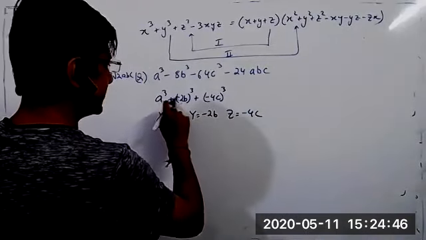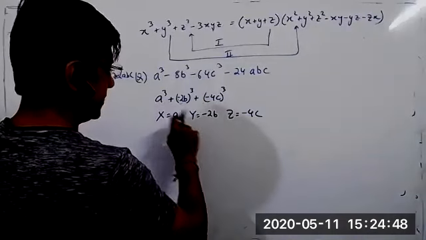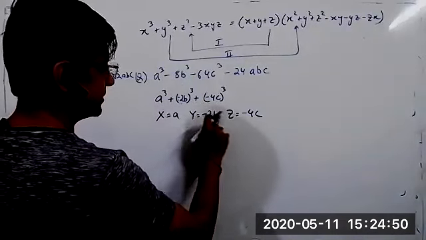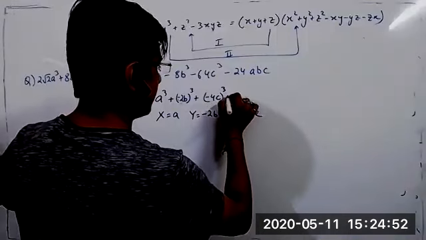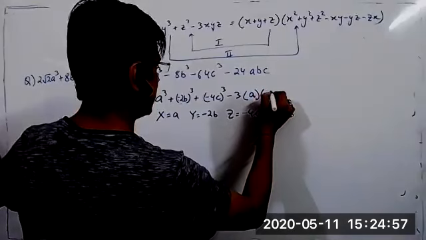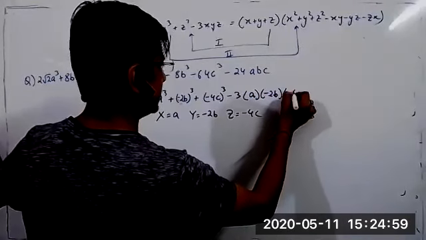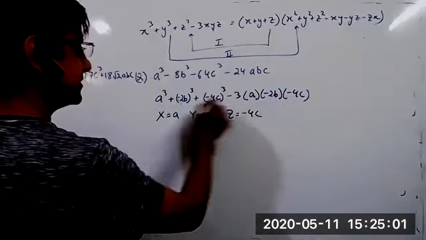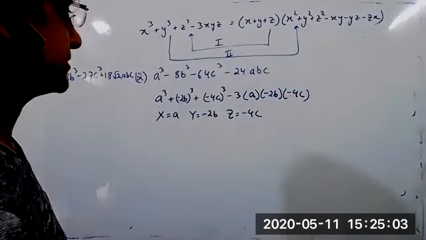So can you write it as a cube, x cube, y cube, z cube minus 3 into a into minus 2b into minus 4c. Is this equal to this? Yes.